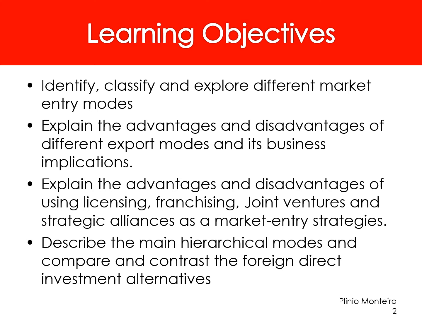Also, explain the advantages and disadvantages of using different intermediate entry modes like licensing, franchising, joint ventures, strategic alliances, and other options for entering into the market with a partnership. Finally, I will describe the main hierarchical modes and compare the main types of making a foreign direct investment when you choose to enter into a new market.